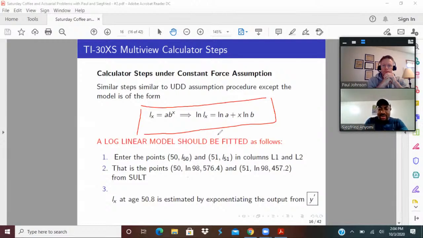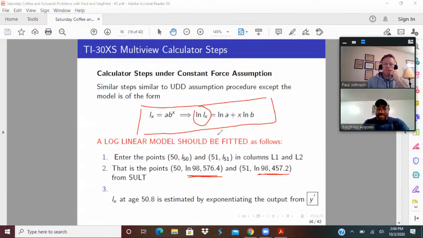You can see I have that in point number two, and that's because we're taking the natural log of the LX in the geometric model to make it a log linear model. And so once we do that, we apply the same algorithm, the same calculator steps, in order to find the future lifetime and the K-curtate future lifetime.